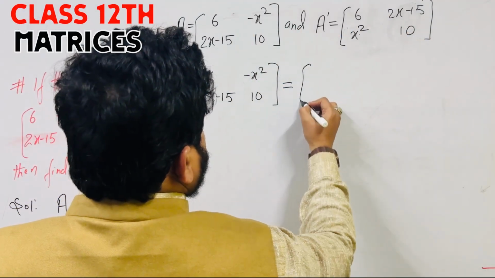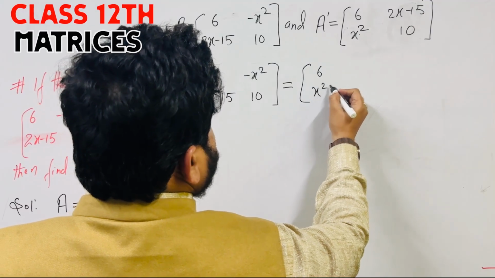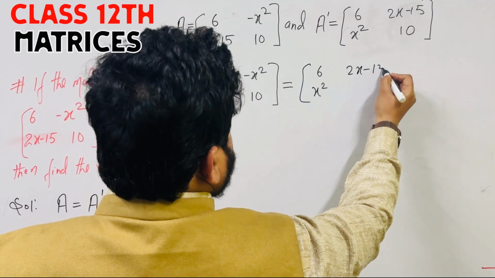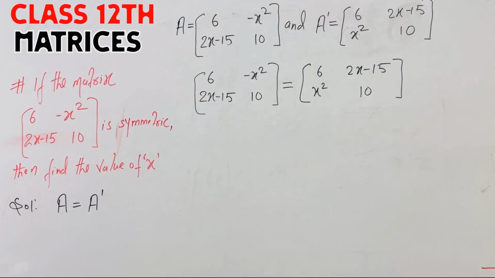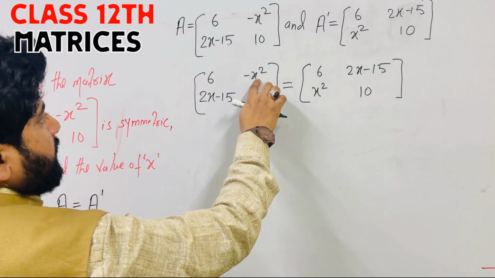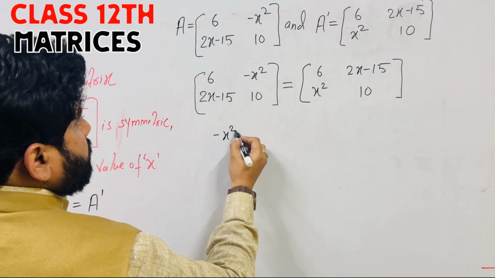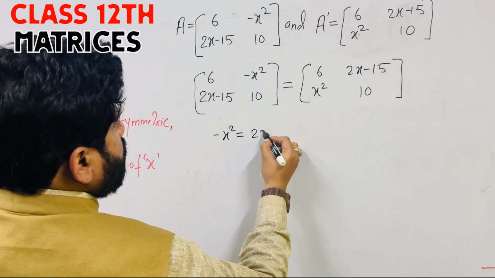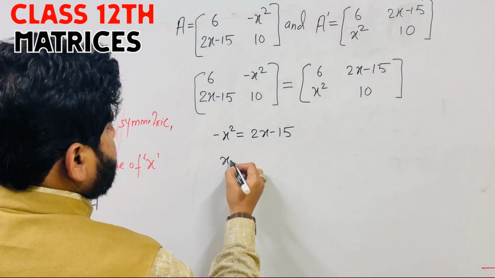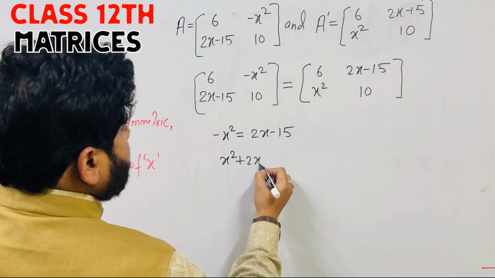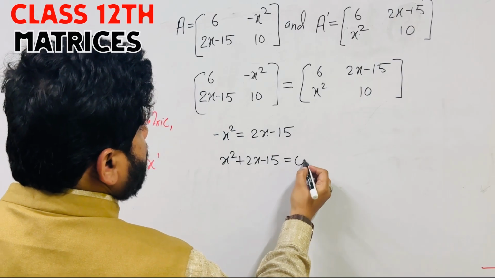Okay, now we have to write this 6, x square, 2x minus 15 and 10. Now we can write minus x square is equal to 2x minus 15. Now this is x square plus 2x minus 15 is equal to 0.